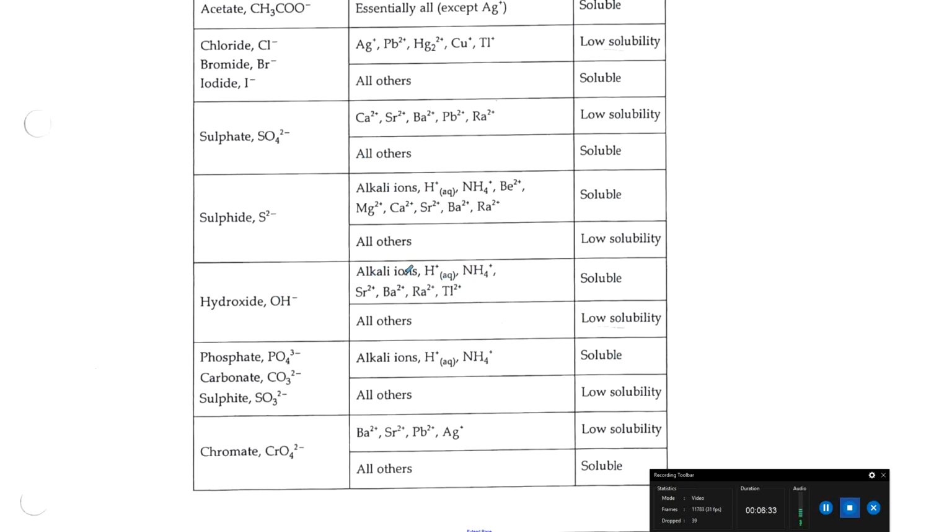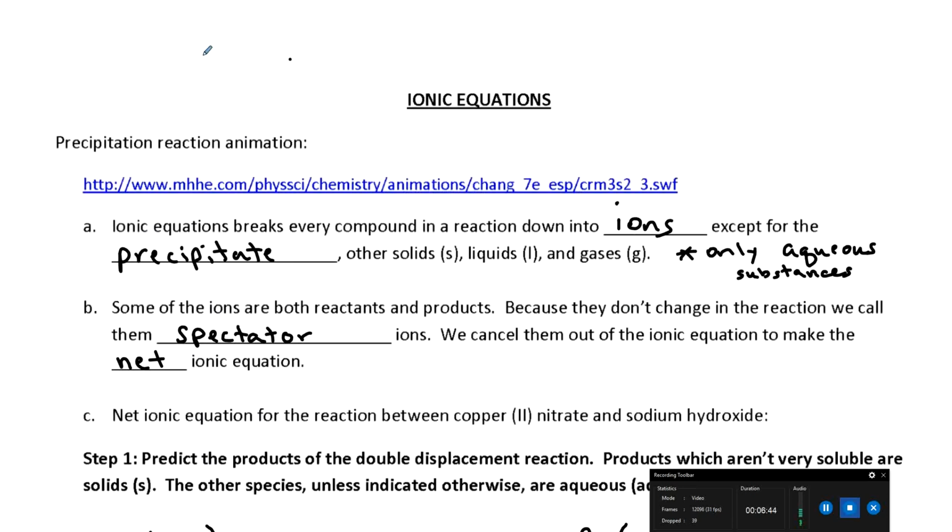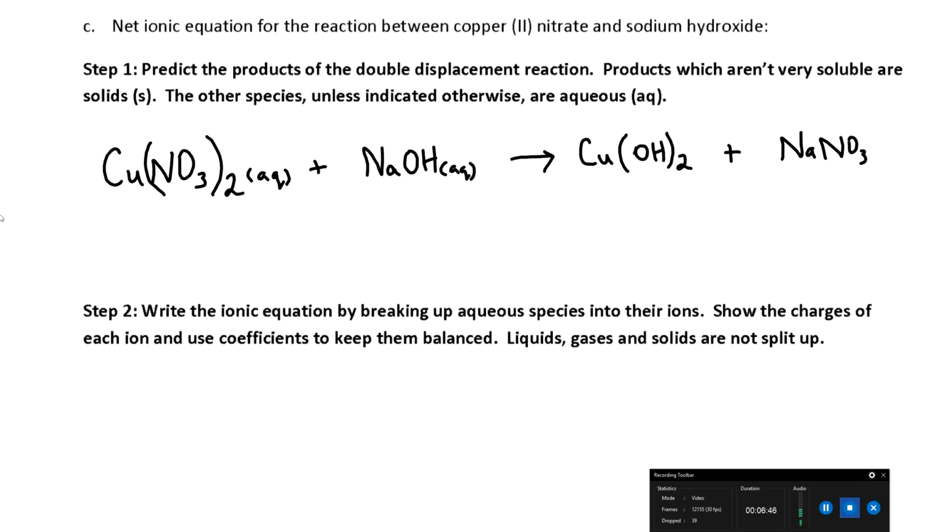Copper is not an alkali ion and it's not listed here, so it would be in the all others category, which means it has low solubility. That's telling me that copper 2 hydroxide is going to form a precipitate, so I'm going to write S there.